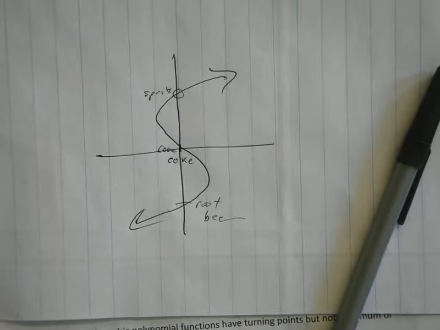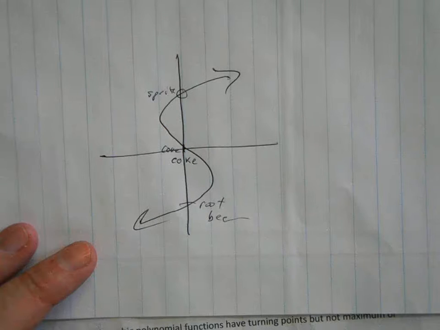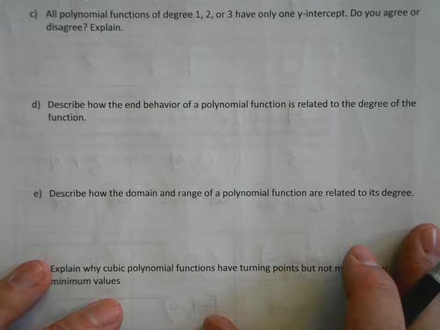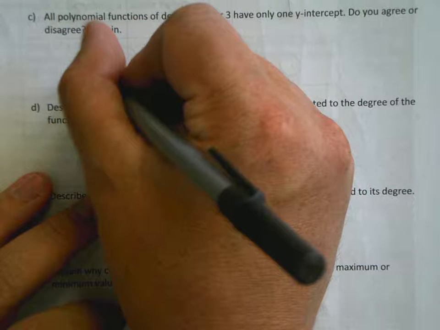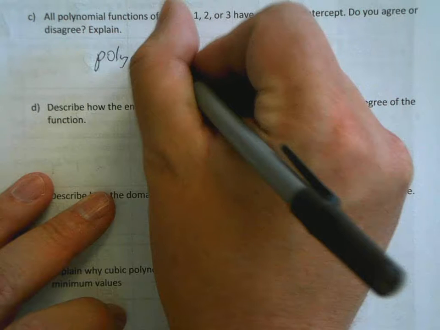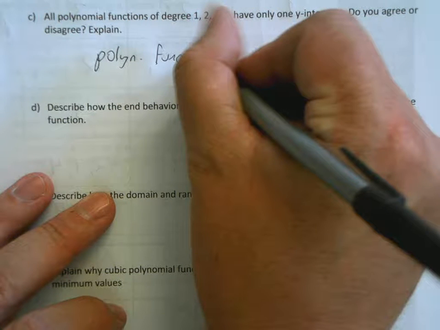Anyways, if you're looking at that going, wow, that's the most amazing thing I've ever heard, we've got courses for you, okay? So yes, let's just go with that. Polynomial functions will have 1 y-intercept. Take my word for it. Polynomial functions all have 1 y-intercept. Even that dumb horizontal line. Okay?